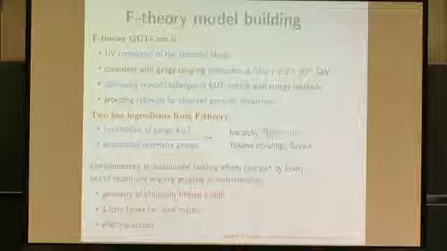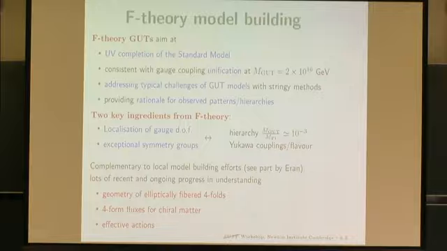And the name of the game would then be to try and address typical challenges of phenomenological or field theoretic GUT models with stringy methods or with F-theoretic methods. We'd like to provide a rationale or reason for observed patterns, and as was also stated, I think, yesterday in the discussion session, one of the goals of string phenomenology is to understand and explain hierarchies which might look obscure from a field theory perspective, and this is certainly one of the goals to achieve in these types of models.